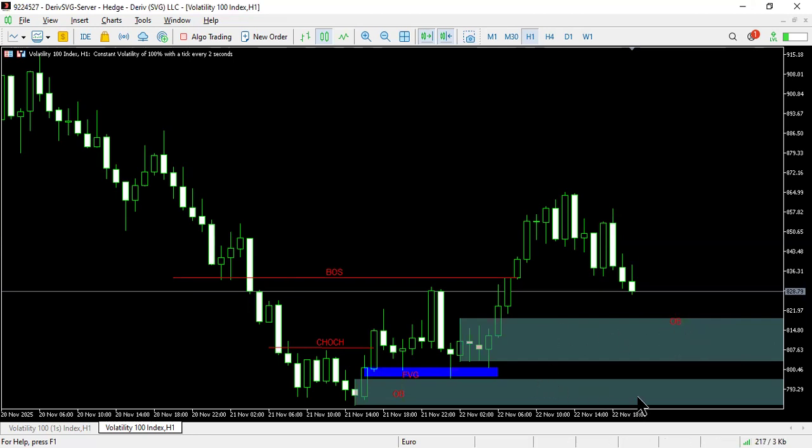We'll see what happens. And then we're going to wait for any of the four reversal candlesticks that I always talk about, which are the bullish engulfing, the rejection candle or bullish pin bar, the tweezer bottom, and the doji plus a confirmation before we can take our entries to the upside.